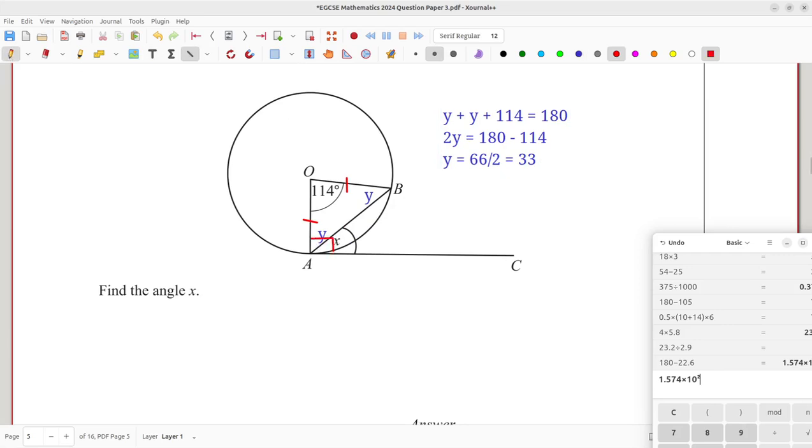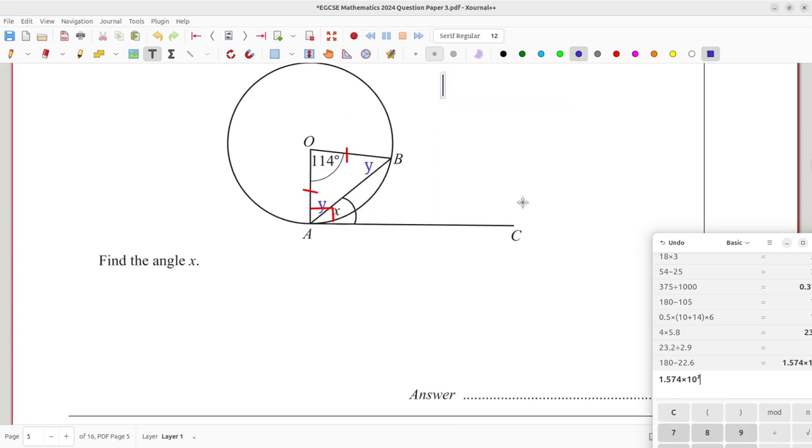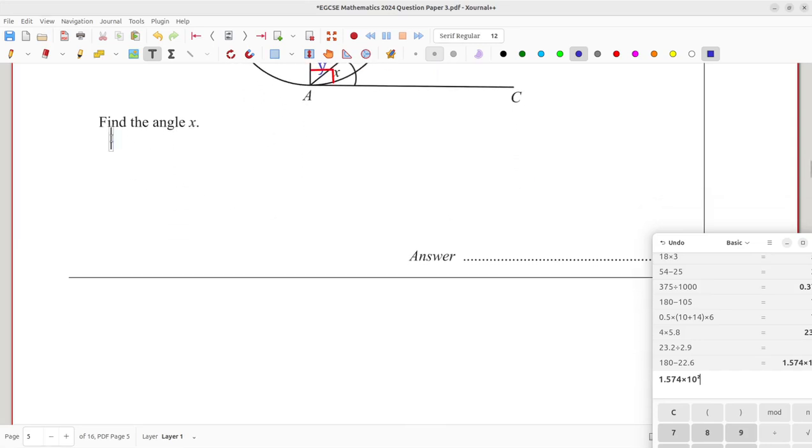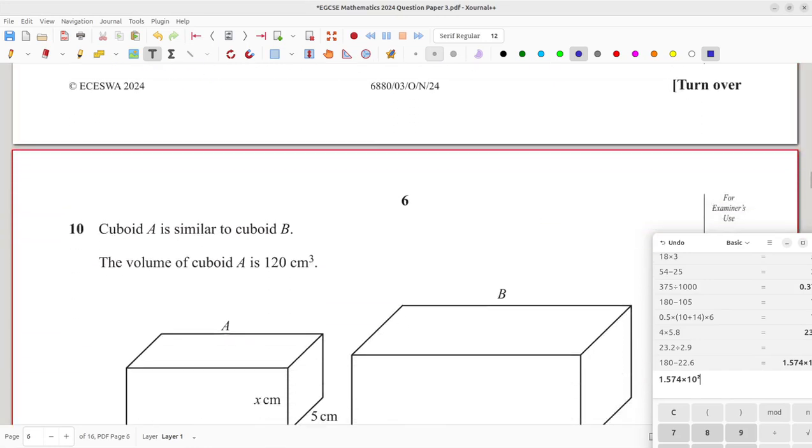So to find your x, then your x is equal to 90 minus 33, which is 57 degrees. Then you are done for the 2 marks.